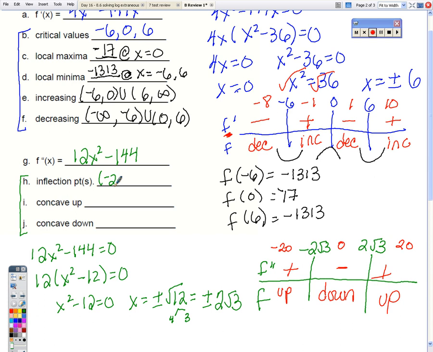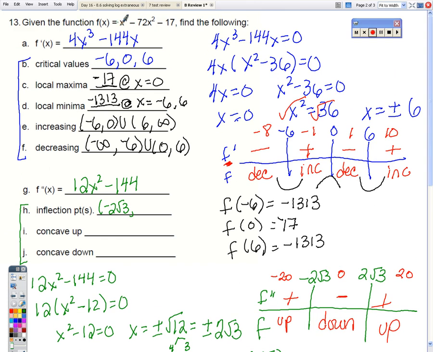Now an inflection point is a coordinate, so I'd have to find the y value. So using my original graph, I'm going to plug in negative 2 root 3. So that's the original function we started with up here at the top, 4x to the 4th minus 72x squared minus 17.